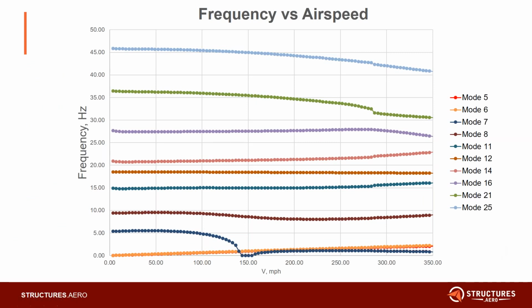So we can see this is just a frequency versus airspeed plot. You can see the modes kind of moving around. It might give some indication as to which modes are being coupled with others. These are all of the relevant ones. In this case, I only ran 25 and down selected a few of those that were a little bit distracting. But one of the things that is interesting, most people might catch, is this mode 7 down here. That's the first wing symmetrical bending mode.